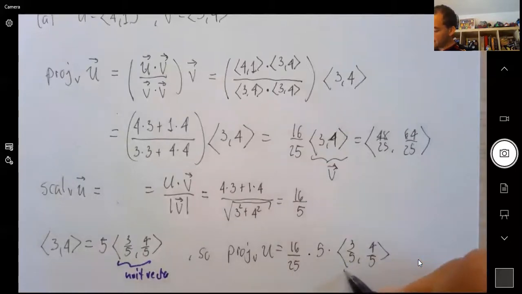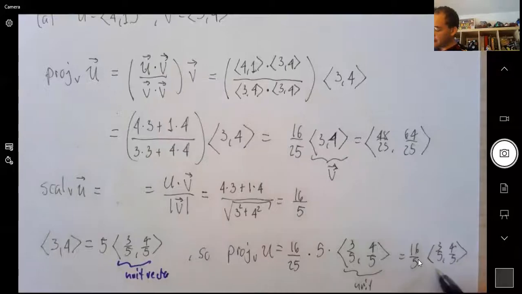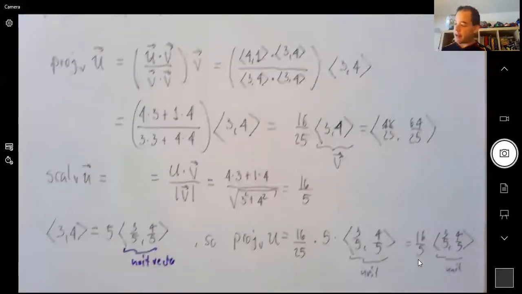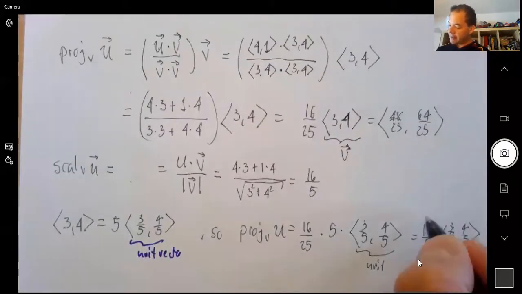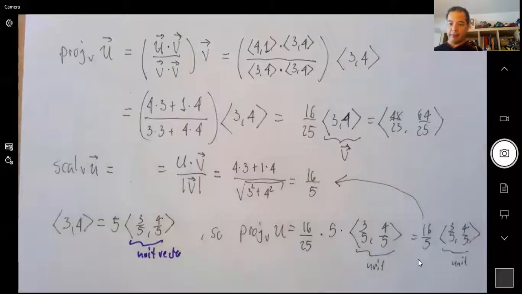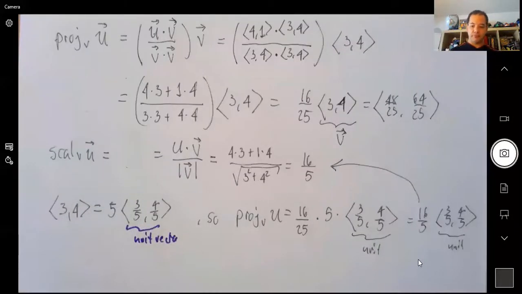That's a unit one. And this is 16/5. And now it's what I was telling you, right? This is a unit vector pointing in the direction of v. And what is the scalar that you multiply by? 16/5. That's this one over here. All right? Questions?